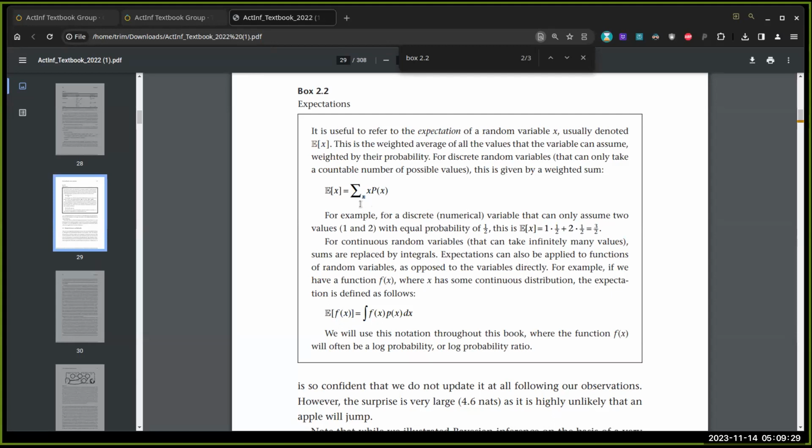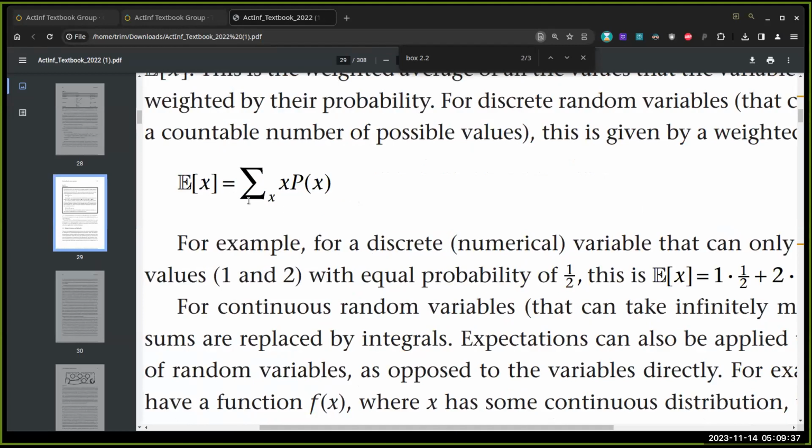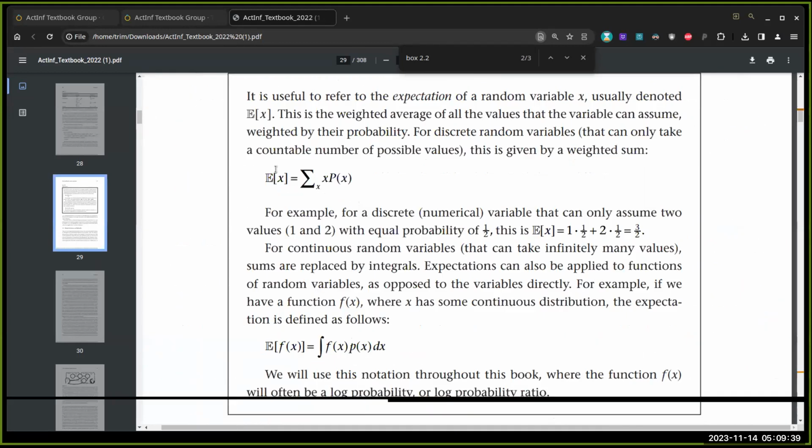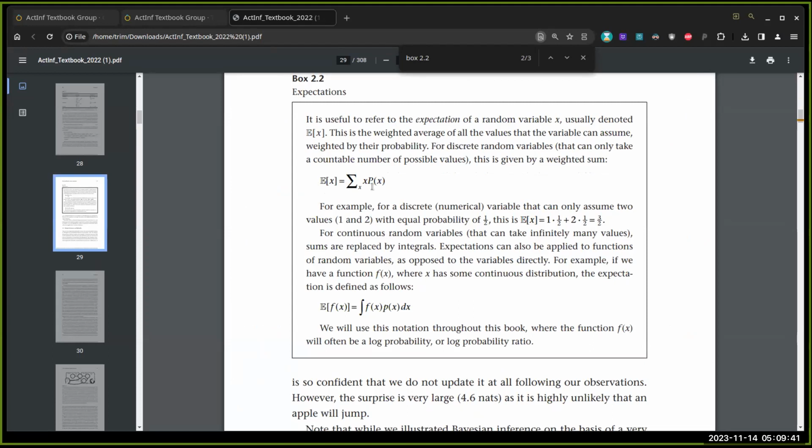I believe that the subscript is what you're summing over, as if it were below the sigma, like from n equals 1 to n equals 10. And then the weighting is described by the evaluation of the function across those categorical or continuous values.